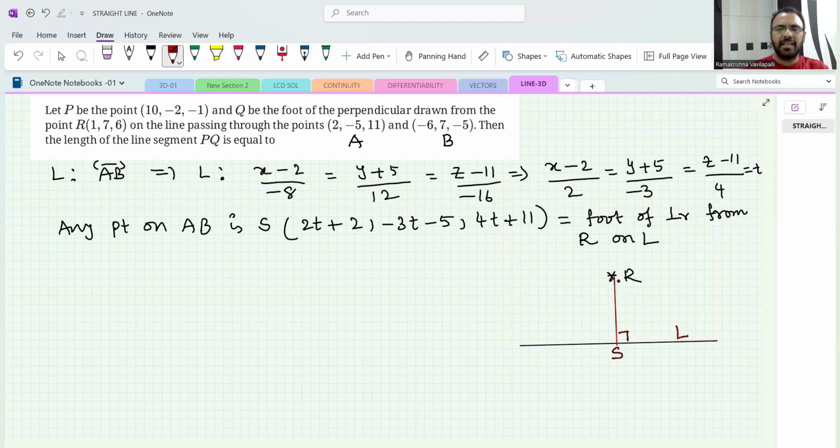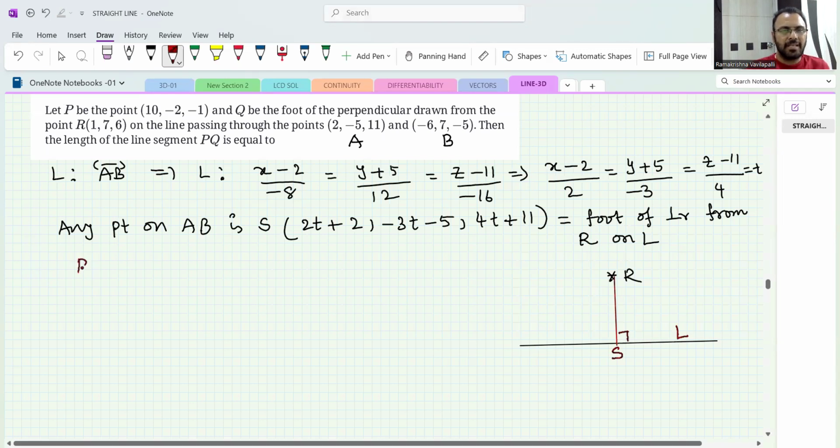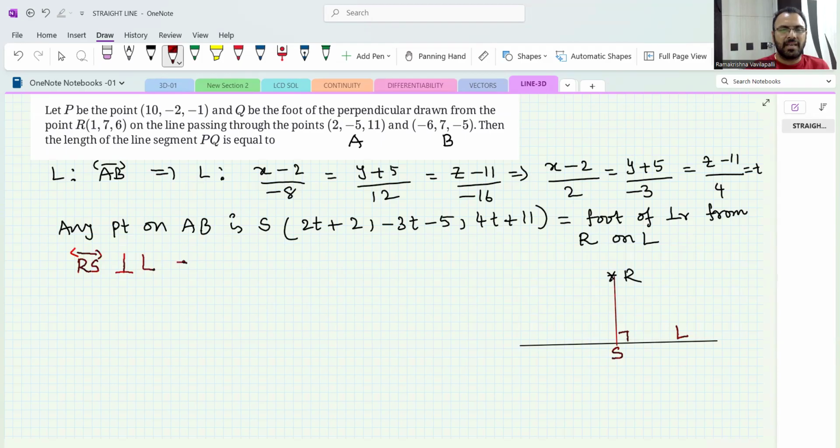Now it is clearly obvious that RS is perpendicular to L. So therefore, the dot product of the DRS is equal to 0. What are the DRS of RS? R is the point (1, 7, 6).